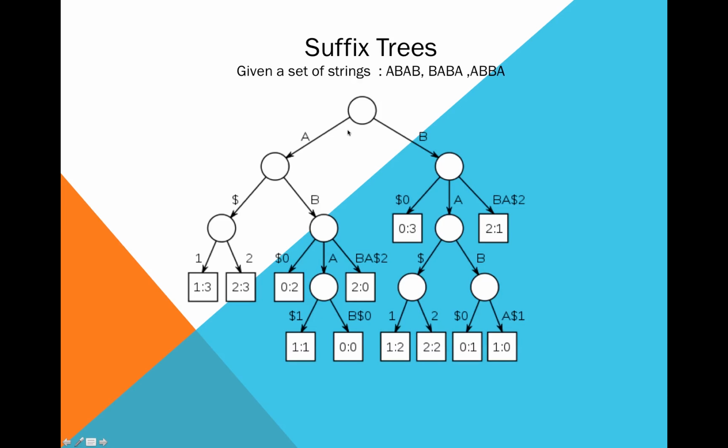So here in this example, the common substrings are A, AB, B, and BA, and all of them have descendant leaves from all of the strings numbered 0, 1, and 2. For example, AB has 0, 1, and 2 descendant leaves. After we find all the common substrings, we can find the longest one of all.